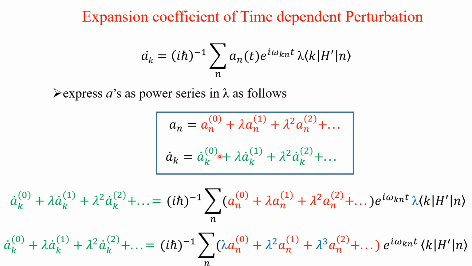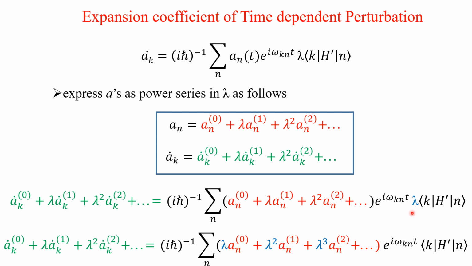So now substitute this in the above equation. The a_k dot, shown in green color band, I have taken in the left hand side, and a_n, which is given in red color band, I have taken in the right hand side. So I got this expression.